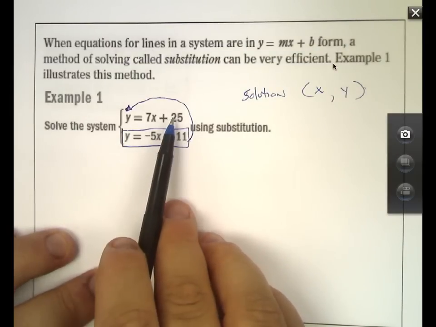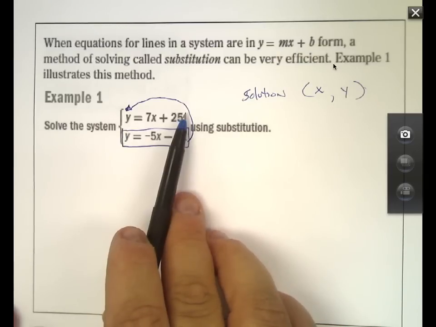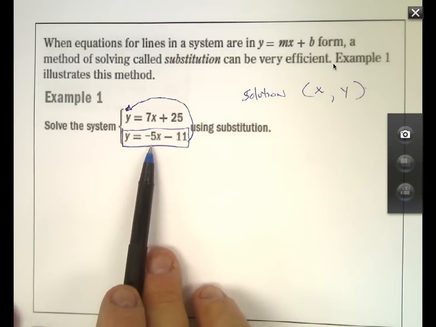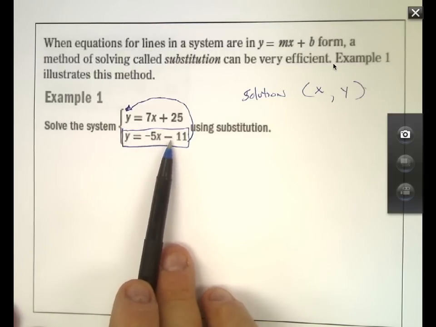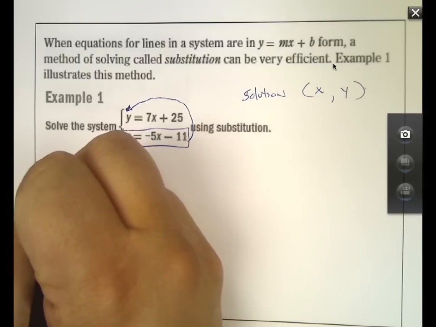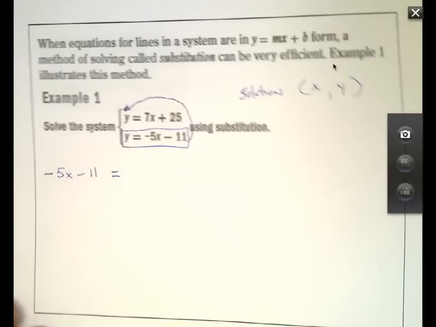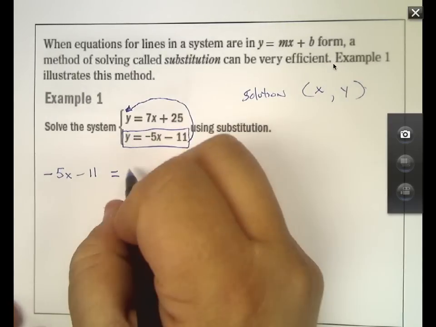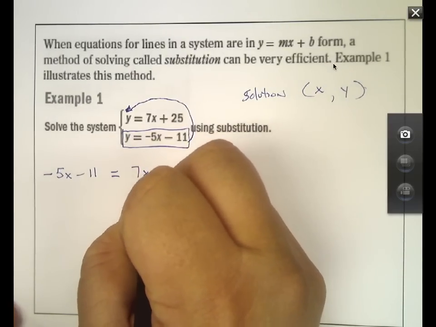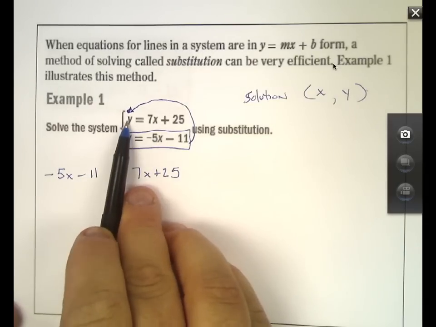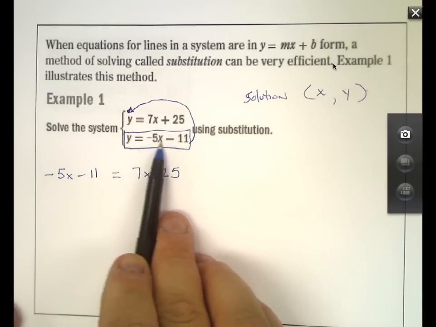So I'm going to rewrite the first equation. Well, it says y. Well, y is now negative 5x minus 11. So I write negative 5x minus 11 equals 7x plus 25. Notice how I just rewrote it. This y now becomes this right here.